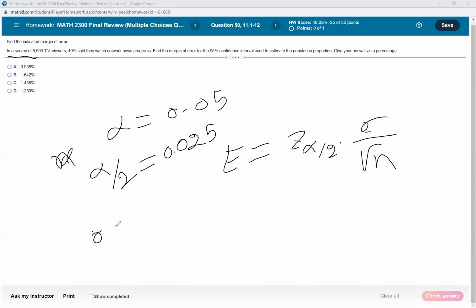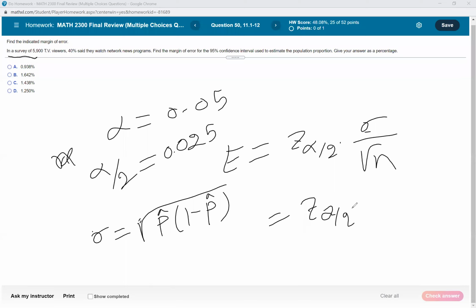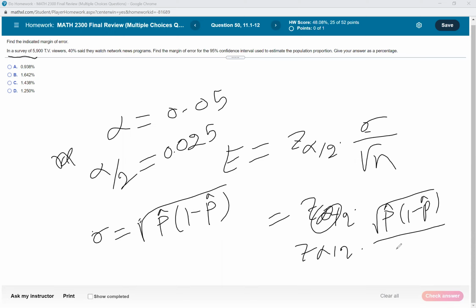for p hat. Sigma is the square root of p times 1 minus p. So that means it will be p hat times 1 minus p hat, Z alpha over 2 times that.